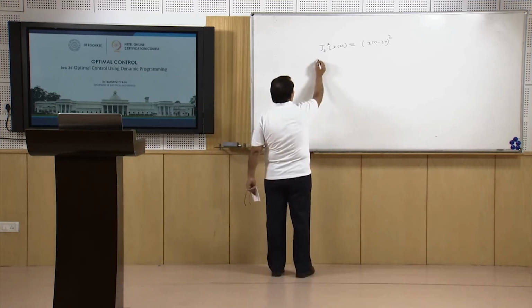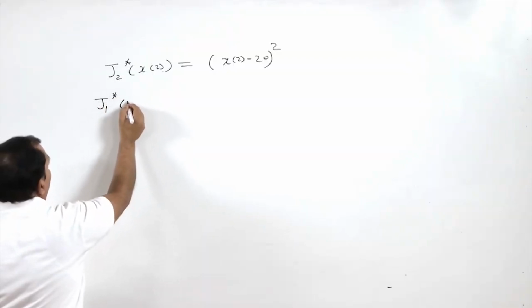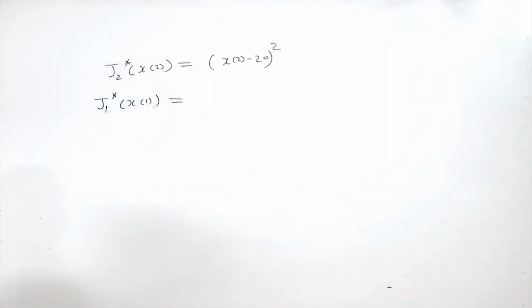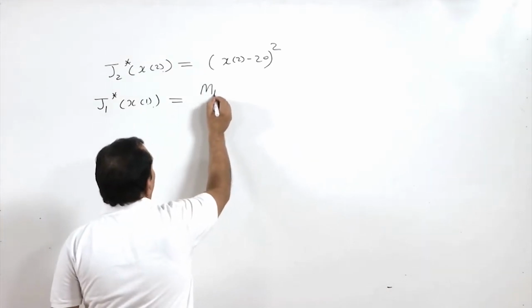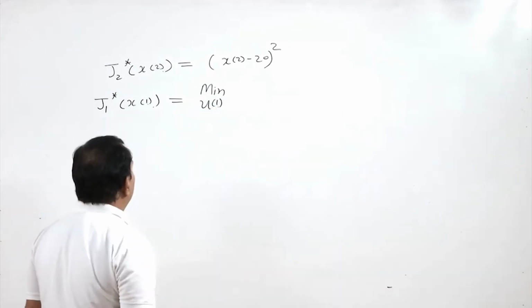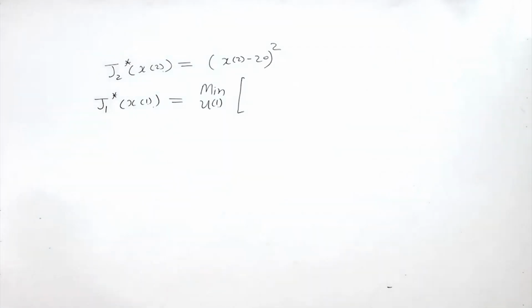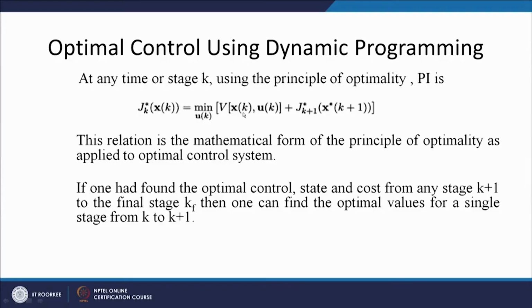What will I write for my next cost J1? This is the minimum over u1 of V of x of 1, u of 1.